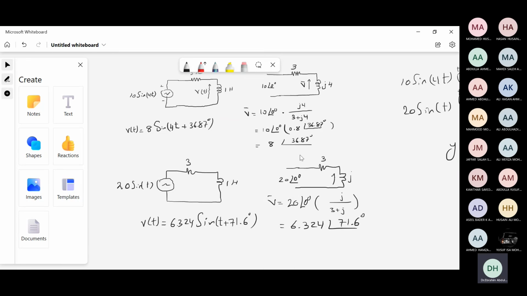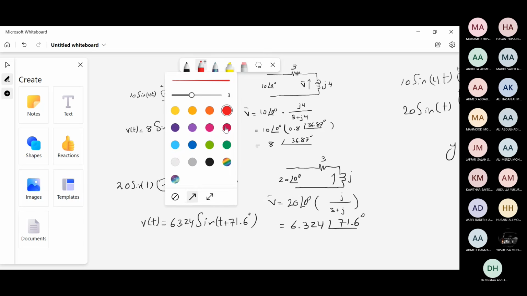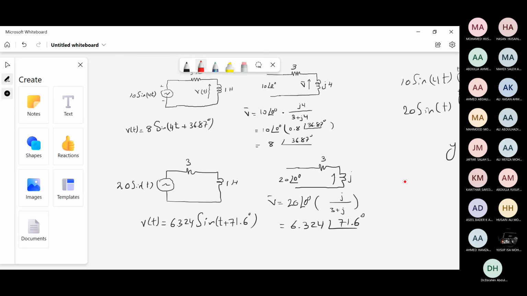What is the difference between these two? Well, if you notice, this one and this one, it's just inputs coming from this source.